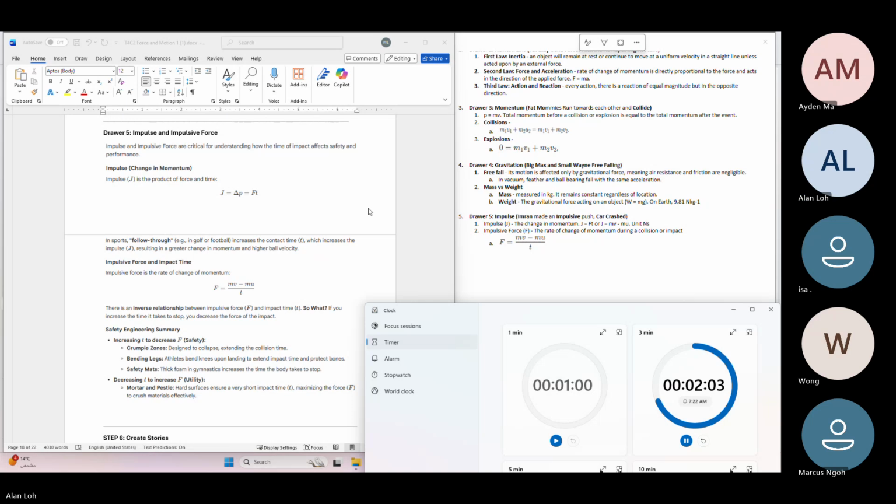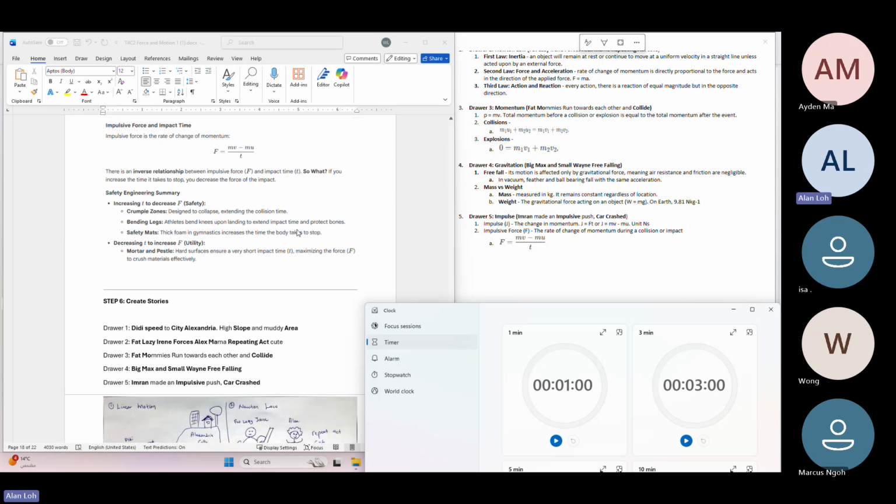Thirty seconds. All right. Okay, that is drawer number 5.